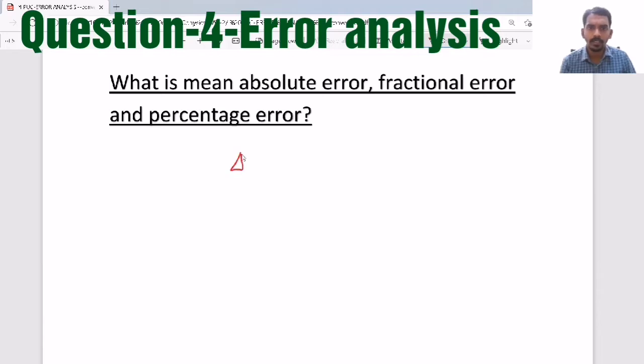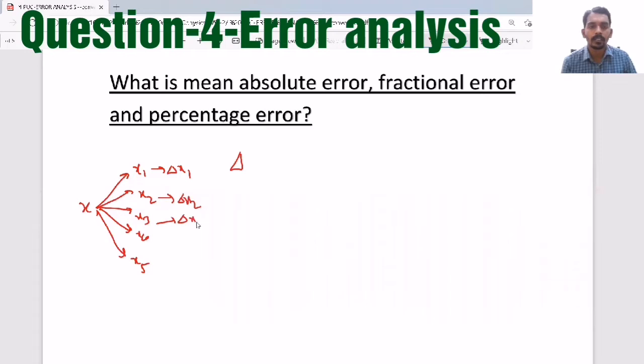As we discussed, if we are measuring a quantity x and taking multiple readings, just like a laboratory experiment, let's take x1, x2, x3, x4, x5. Now each will have some error, delta x1, delta x2, delta x3, and so on.